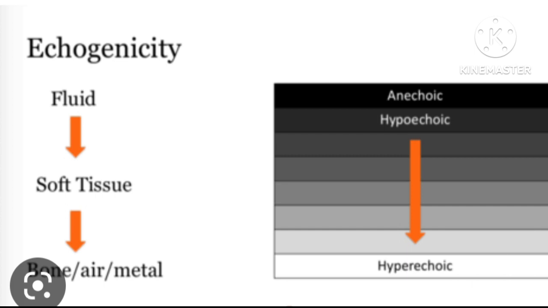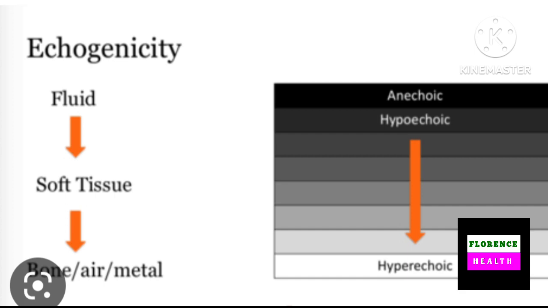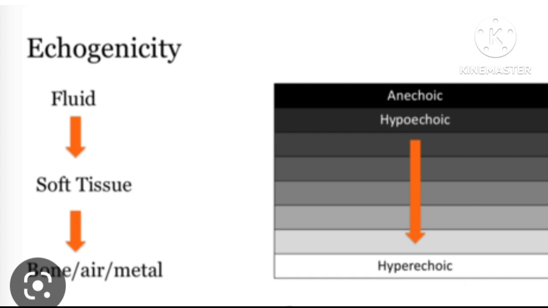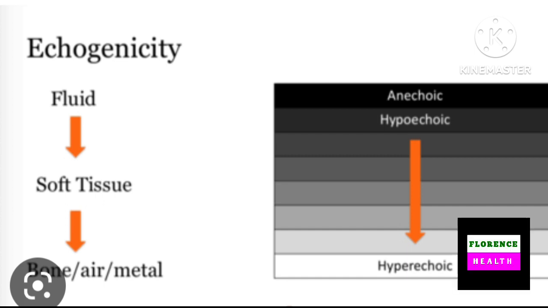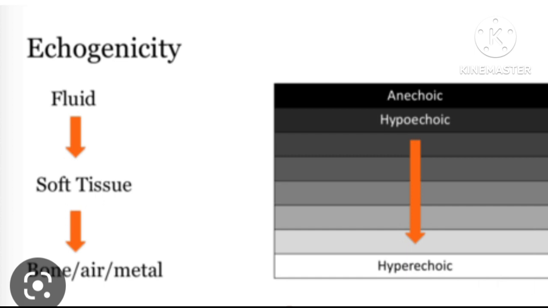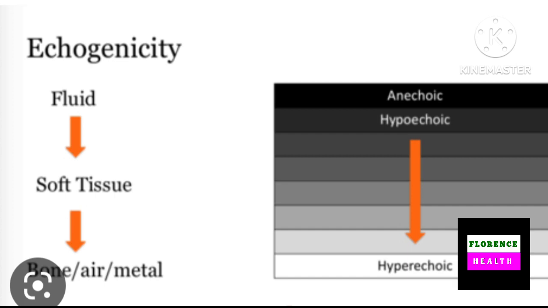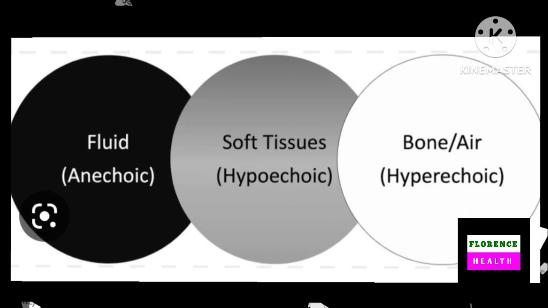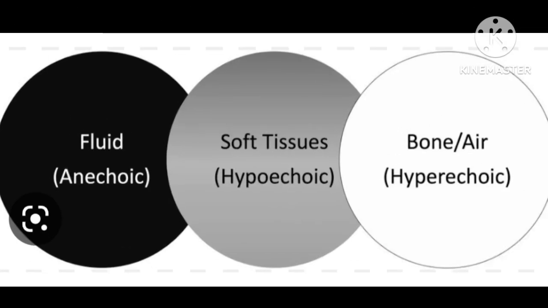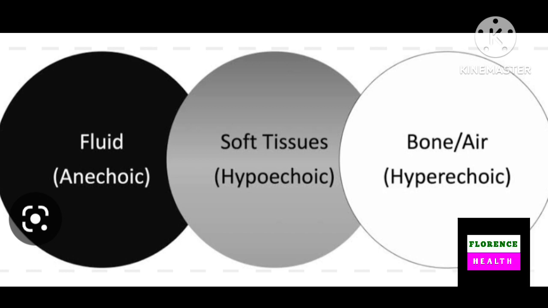This slide again shows when you proceed from anechoic to hyperechoic, white color dominates. One example of anechoic is a cyst containing pure fluid or gallbladder having pure bile inside. For hypoechoic, one example is soft tissue. For hyperechoic, the examples are bone, air and metal.